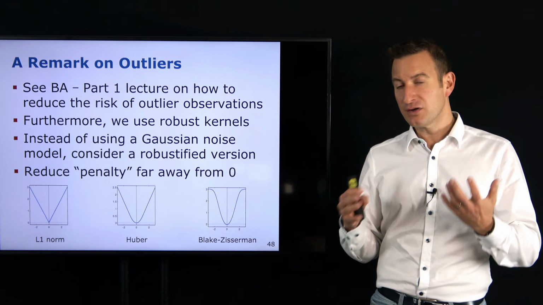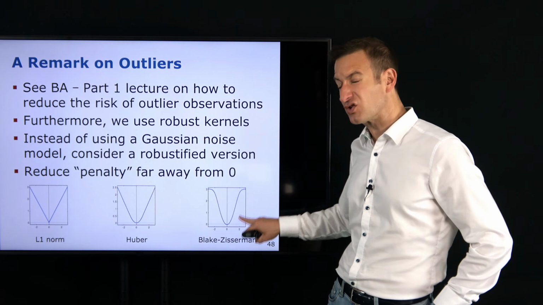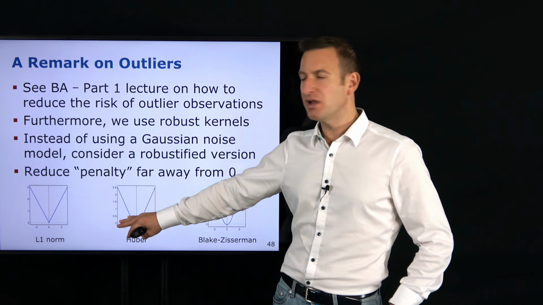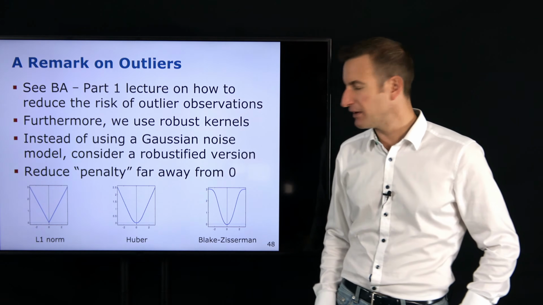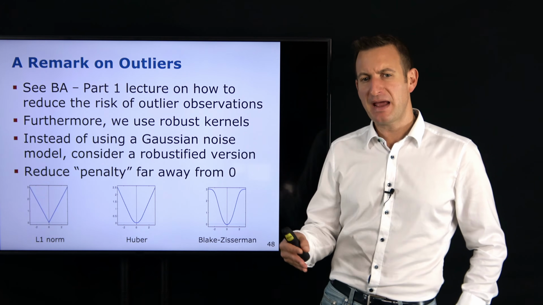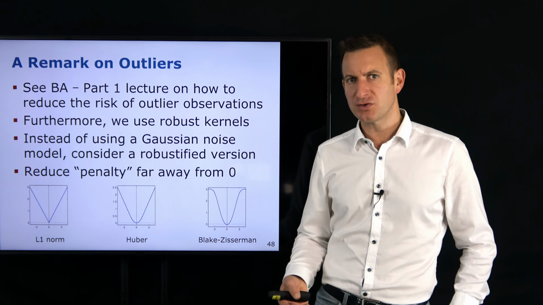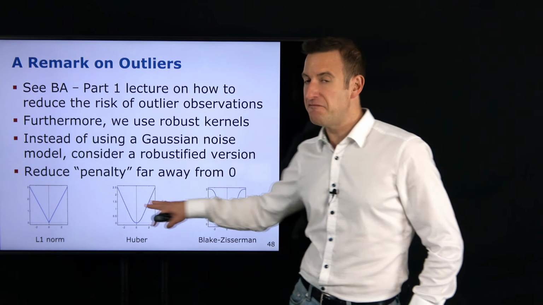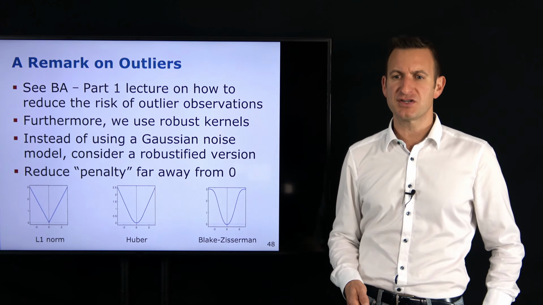So if you have a very good initial guess, you're probably fine with an error function which looks like this. If you have a bad initial guess, you want to stick to a more conservative kernel function, such as a Huber kernel. So depending on what you know about your problem, you may vary the robust kernels that you're using, or maybe even vary them over the iterations of your bundle adjustment problem.